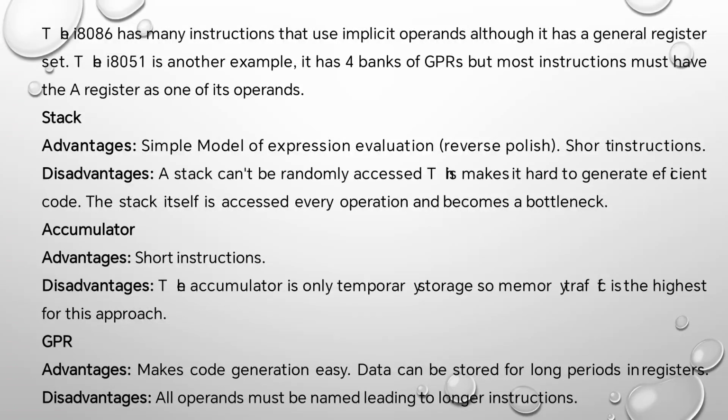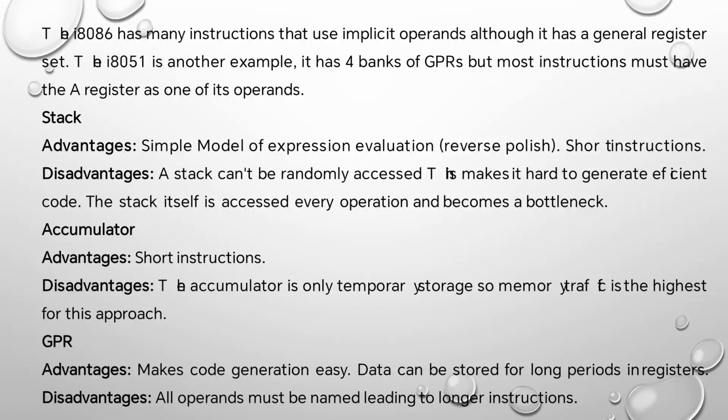Stacks. Advantages: simple model of expression evaluation, short instructions. Disadvantages: a stack cannot be randomly accessed. This makes it hard to generate efficient code. The stack itself is accessed every operation and becomes a bottleneck. Accumulator advantages: short instructions.